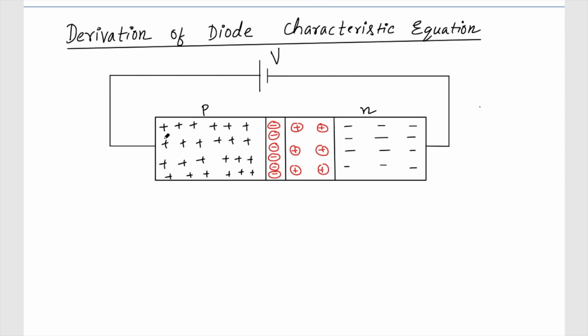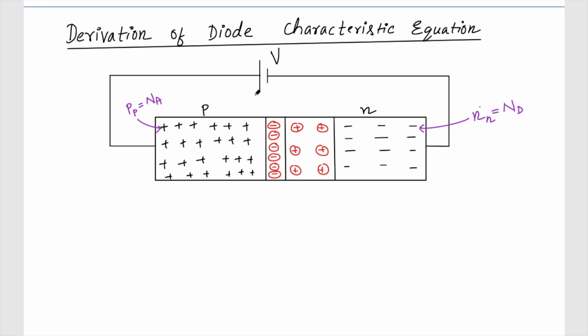The holes concentration in the P side is Na. Electrons, which are the majority carriers in the N side, have a concentration of Nd. Now there is also the minority charge carrier.